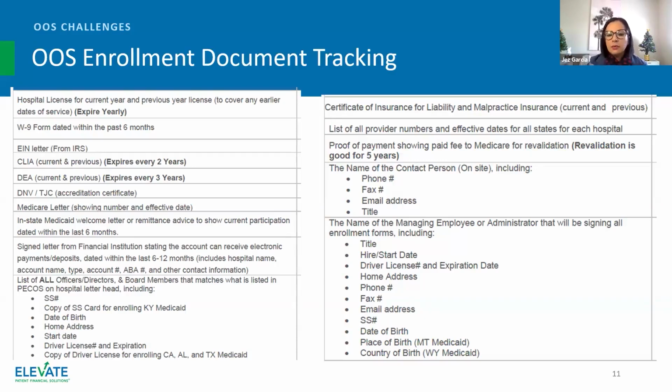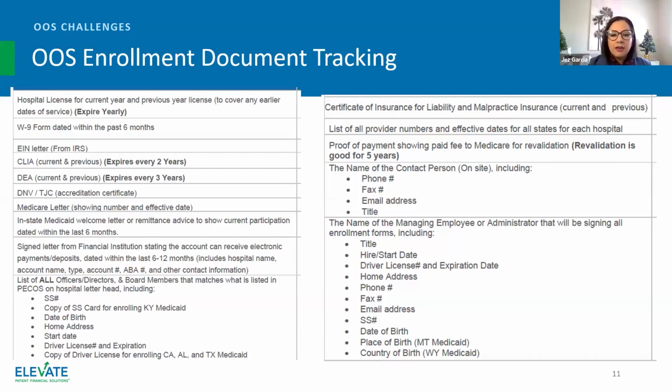Because on the enrollment side, different payers may validate the information listed on your application against your PECOS enrollment. If your information is different, at that point they may deny it and require some additional information. There's a particular state where, if that's not exact, they will require the board of directors' information along with their fingerprints and background check in order for you to move forward with that enrollment. So that's on the facility side.